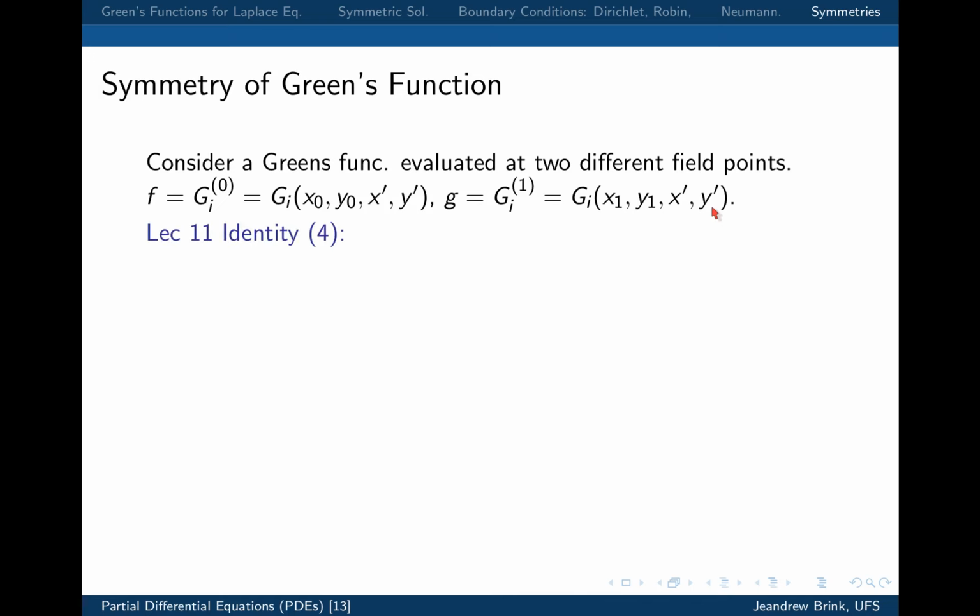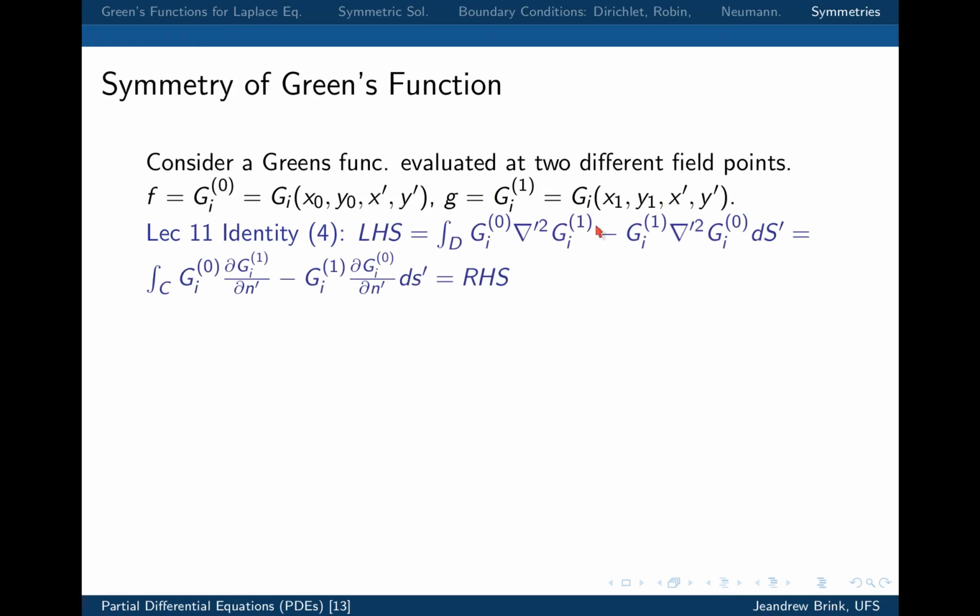Then you use the identity for Green's equations that we did in lecture 11, applied to f and g. We're now choosing f and g to be these Green's functions evaluated at the two different field points. And so there it is. What we get is this right-hand side, and you'll recognize it as the divergence theorem.